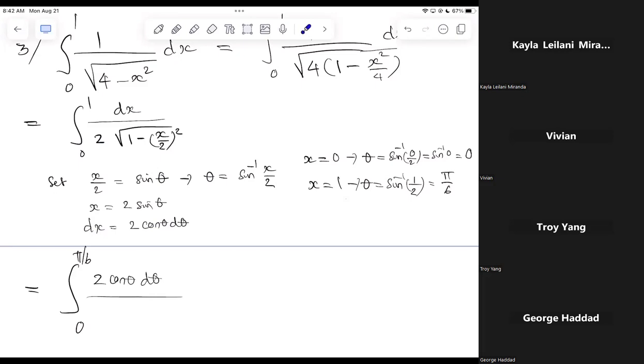So we have 2 here, and 2 times the square root of 1 minus (x/2) squared. x/2 is sine theta, so it just becomes 1 minus sine squared theta.